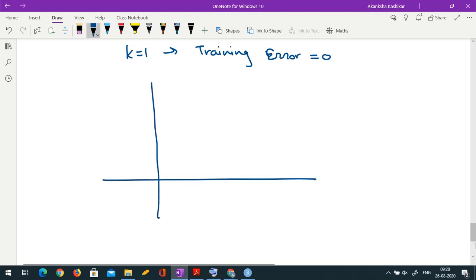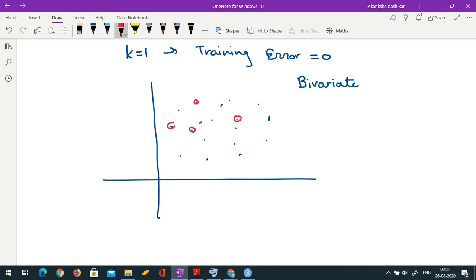So let me try to see it via some graph. Okay, suppose I have bivariate data. My original data set is say bivariate. So these are my observations. Okay, and of course I want them to have some classes. Suppose it's a classification thing. So this is class 1.